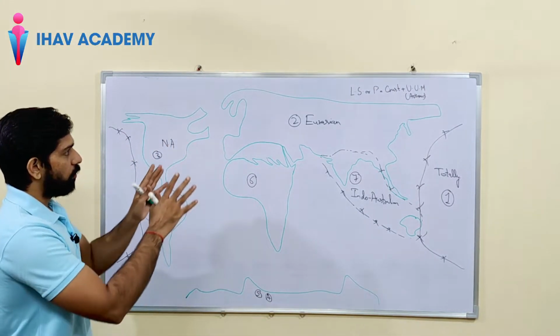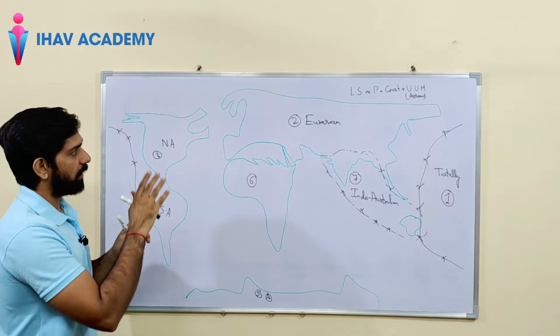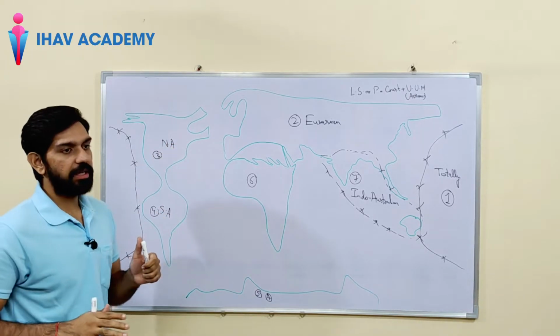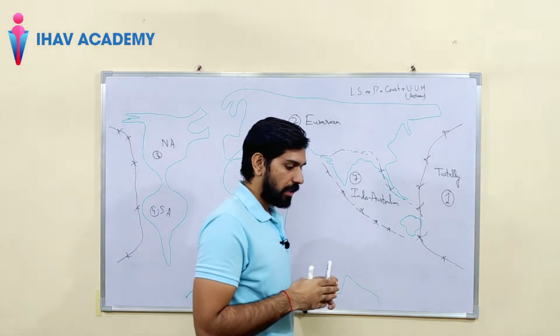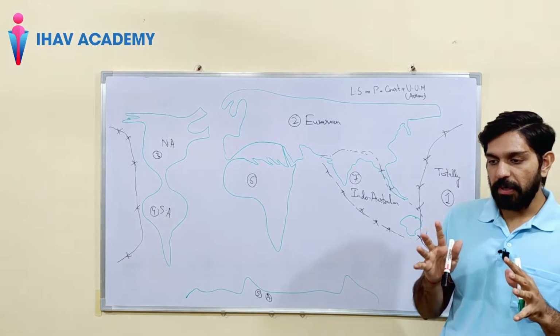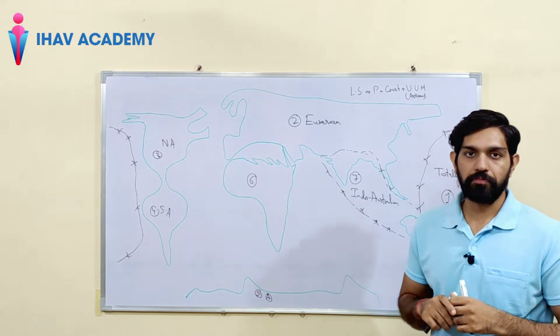Now I have told you what the lithospheric plate is: the crust and upper part of the upper mantle, which is nothing but the asthenosphere. As I have told you, this asthenosphere is a jelly-like structure, so these plates keep on moving. Understood?